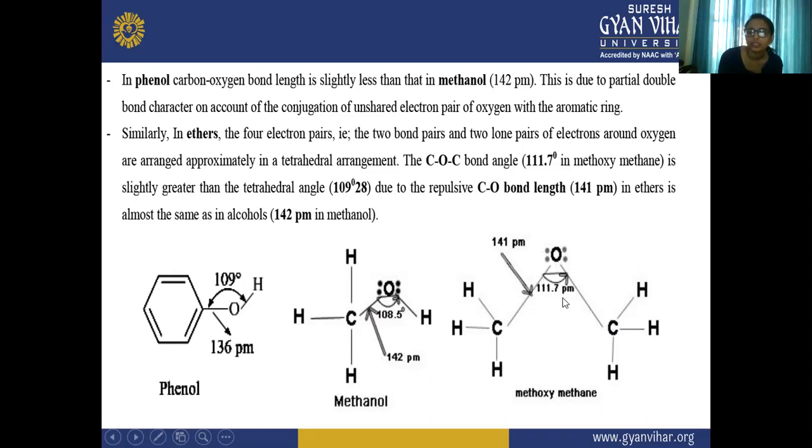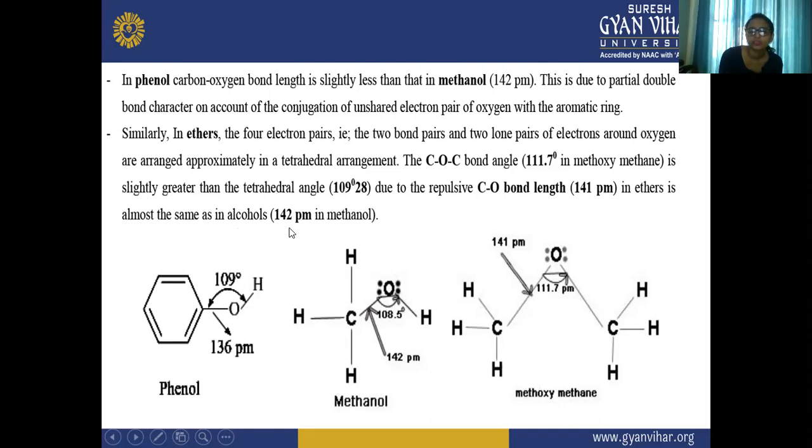The bond angle in methoxymethane is 111.7 degrees, slightly greater than the tetrahedral angle of 109 degrees, due to the repulsive interaction. The CO bond length in ethers is almost the same as in alcohol.